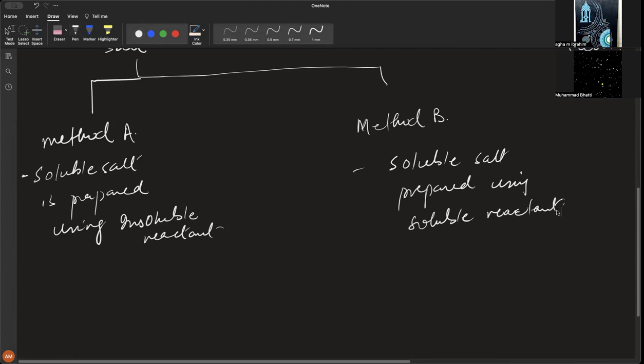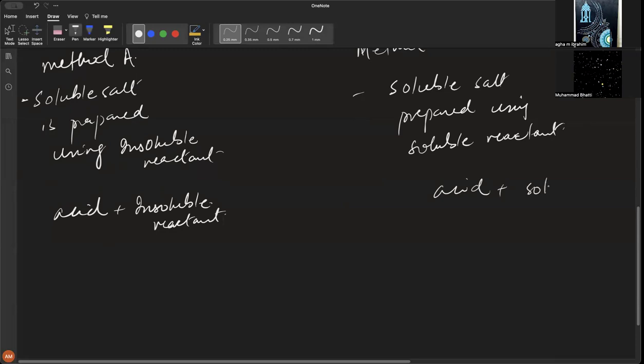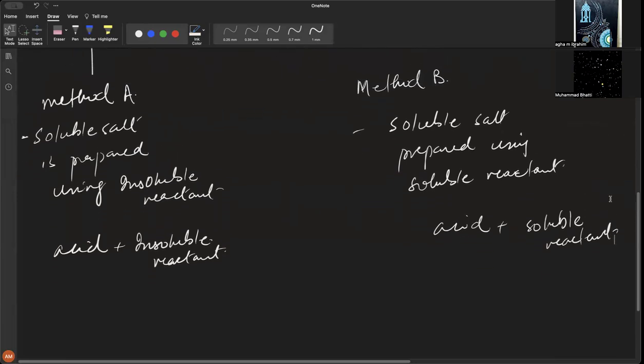If you look at this explanation, I'm only talking about one of the reactants because the other reactant is always an acid. So in method A, it is always acid plus insoluble reactant, and here acid plus soluble reactant. Do you understand? Is this making sense to you?